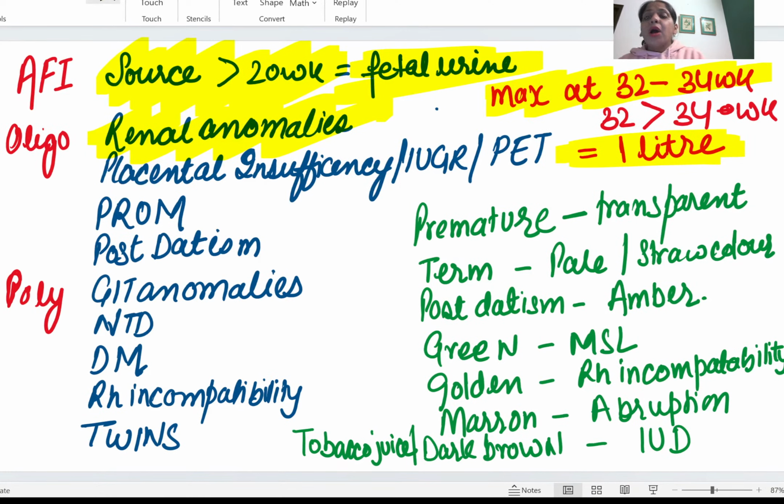Okay, the other reasons for oligohydramnios: placental insufficiency, IUGR, or preeclampsia toxemia. Why? In placental insufficiency, IUGR, or preeclampsia toxemia, there is oligohydramnios. This is so because whenever there is decreased blood in the body of a human being, then the blood to the brain and blood to the heart preferentially increases, and to the other body it decreases, because the blood to the kidney decreases, so there is decreased urine production.